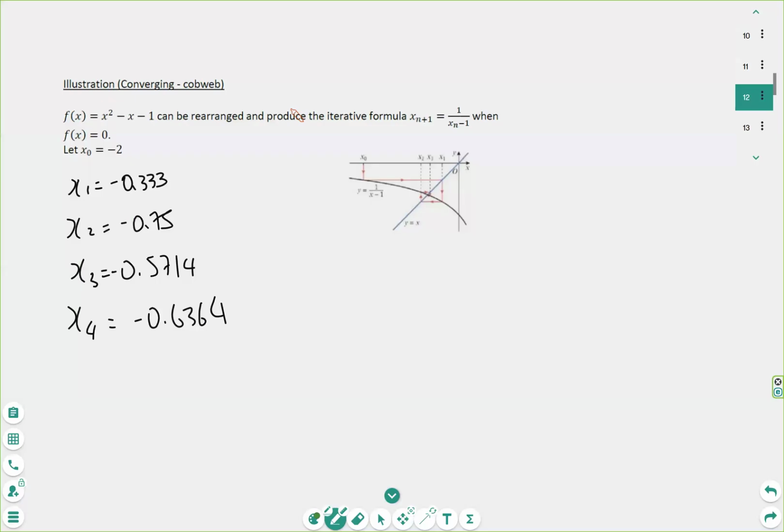Now what can we see in here? Let's work out the difference again. From minus 2 to minus 0.333, we're adding 1.667. So the number goes from negative 2 to negative 0.33, so we're increasing.